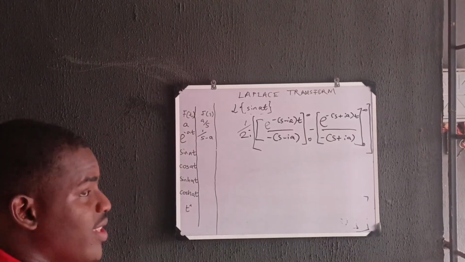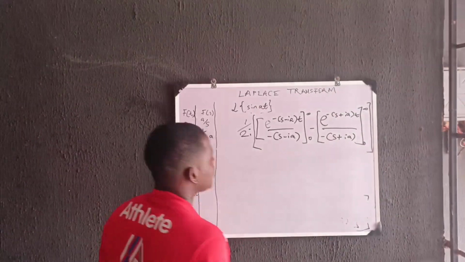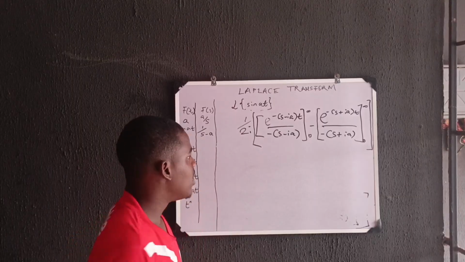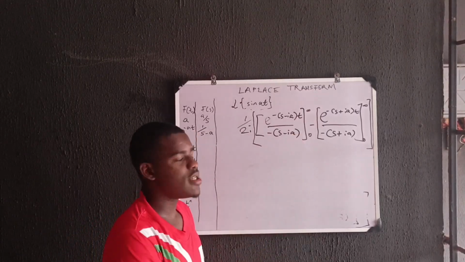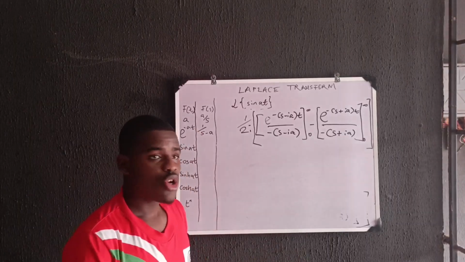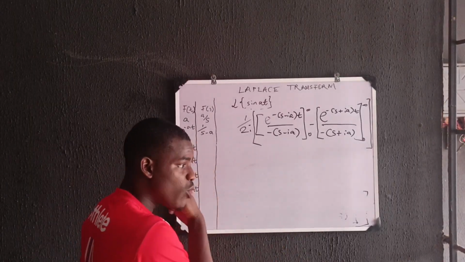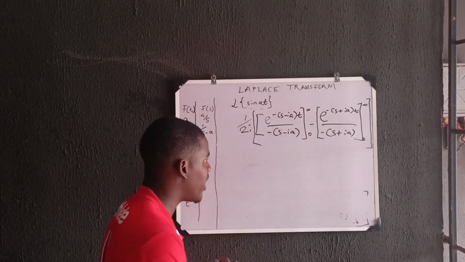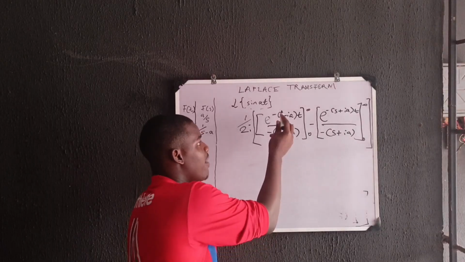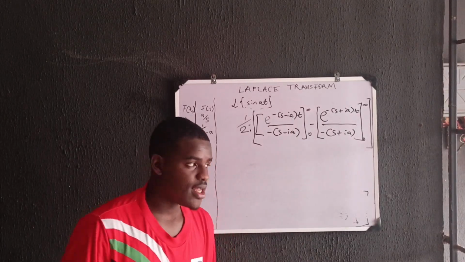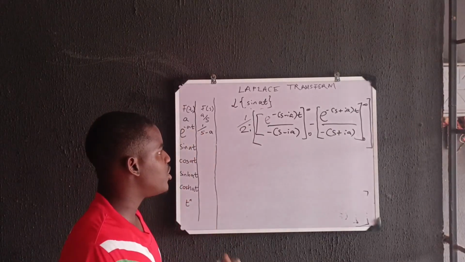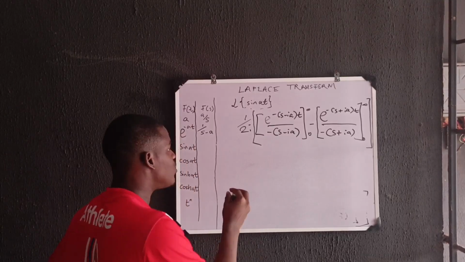I had to rewrite that so we can see it more clearly. Now we have to check both limits, when t is infinity and when t is 0. When t is infinity, we have e to the power of negative infinity, which gives 0.